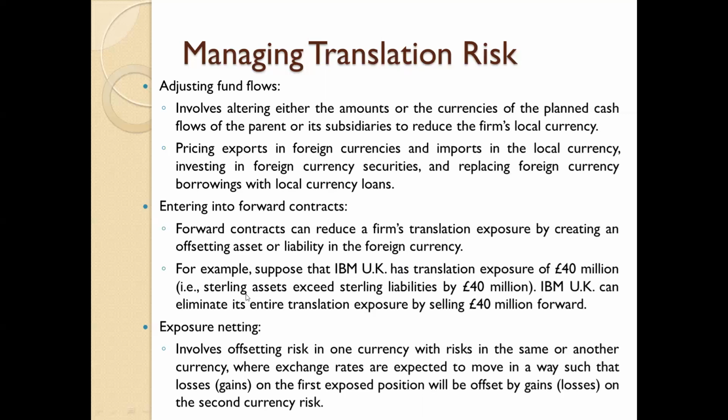That means when they are trying to translate their asset values and liability values from the UK to the USA, there is some translation risk with pound 40 million. That is, their sterling asset values are exceeding sterling liability values.